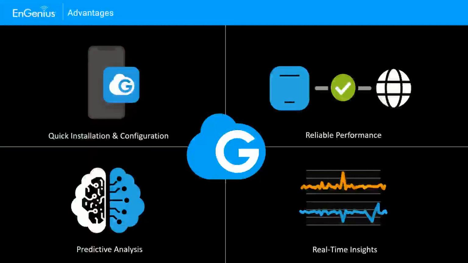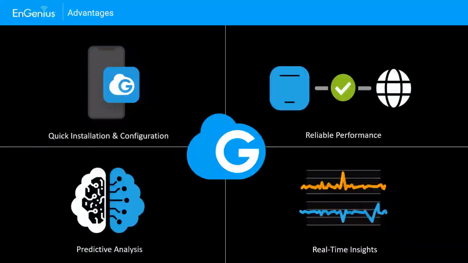We really wanted to create a management system for our hardware that works really easily. It's very intuitive. It's quick to get online, quick to get devices set up, and quick for our customers to use.